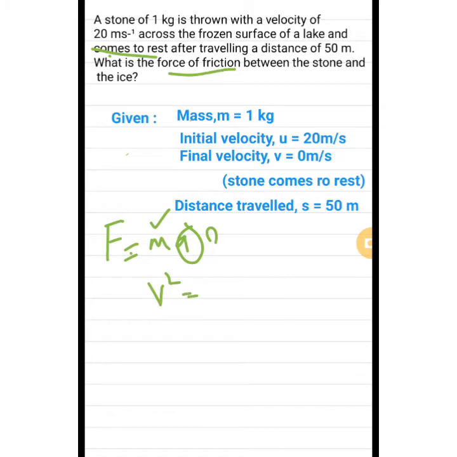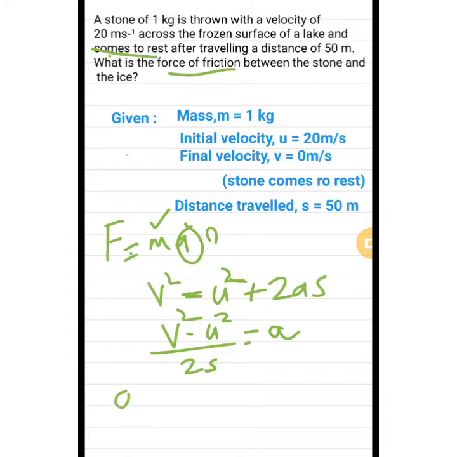So the equation is v square is equal to u square plus 2as. So from that, we can rewrite the equation as v square minus u square divided by 2s is equal to acceleration.